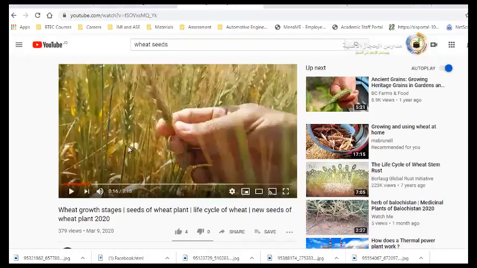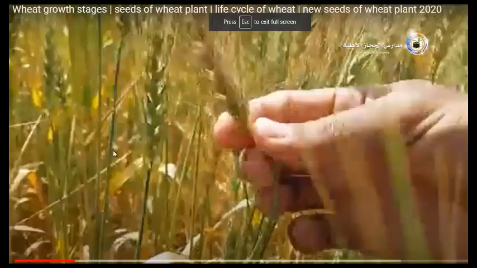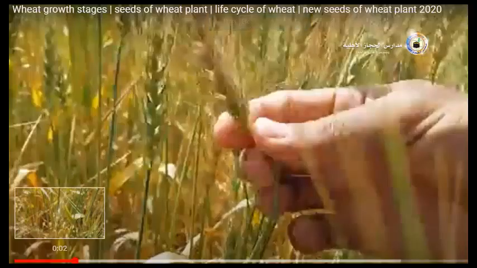Just a minute. Now let's see. Here is the wheat plant. Let's see how they separate. This is manually.